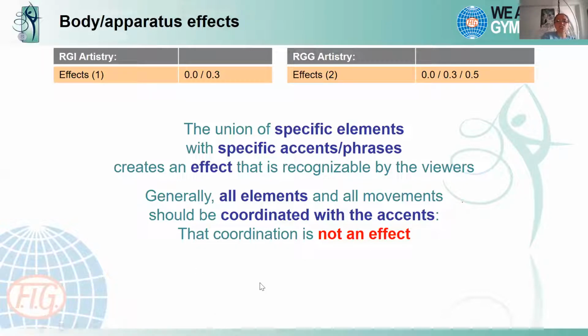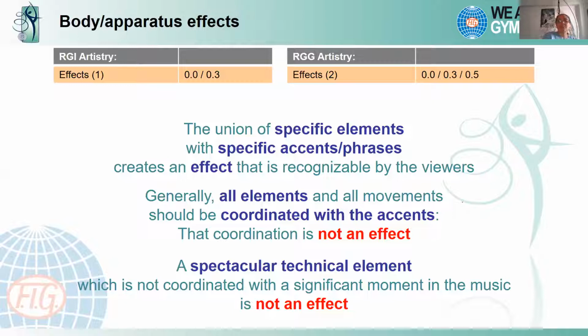The coordination is not an effect, because usually you should be in character, you should have connections, you should be in rhythm, but it's a spectacular technical element, which is coordinated with a significant movement in the music. So it's a special coordination.